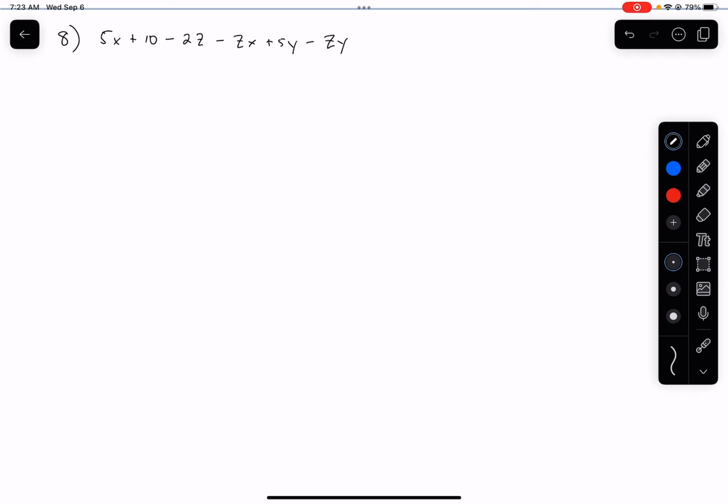Upon initial study of the question, it looks like something you've never seen before, but what we can always do is, it doesn't matter what order we add and subtract things in. Same with it doesn't matter what order we multiply things in, right? So we can shuffle this question around and group things that we think have something in common.